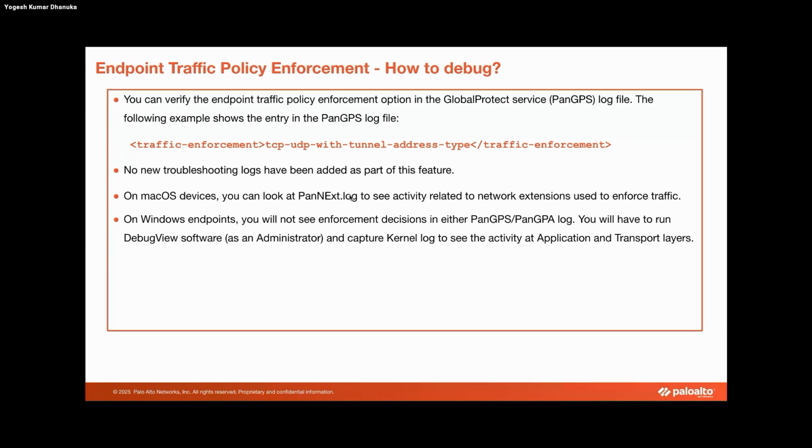On Mac devices, you actually do have a separate log file which logs these details, or essentially the traffic which is logged as part of the endpoint traffic policy enforcement.